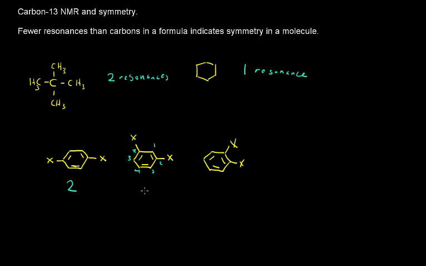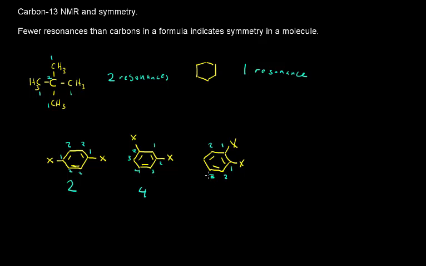So we have 4 resonances. Let me go back and label these others. So we have 1 and 2. So all of the 2s are identical, as are the 1s. All the 1s are identical, and these are all 1s. Finally, 1, 2, and 3.